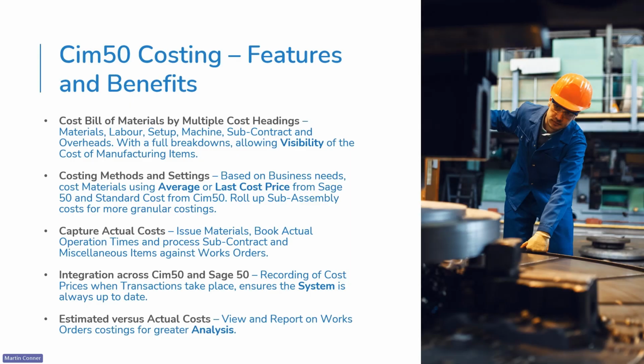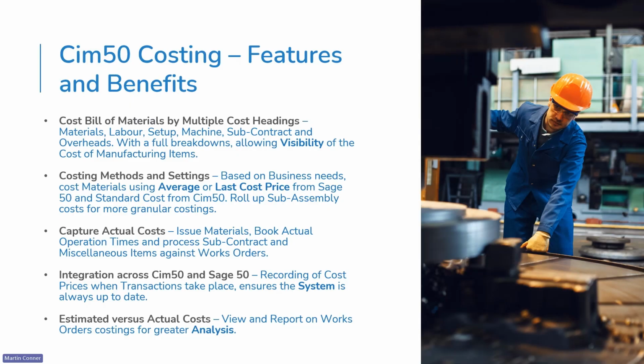Machine costings: you might use a drilling machine or a milling machine, or a pick and place machine, or a filling machine if you're in the food industry. How much does that cost on an hourly basis? Subcontract: if you need to send items out for a process, maybe painting or plating, we can capture the cost of the subcontract.